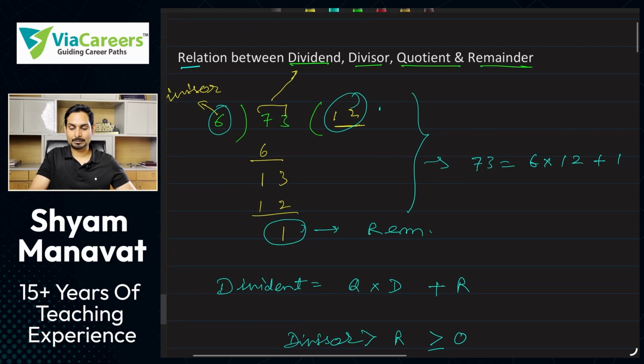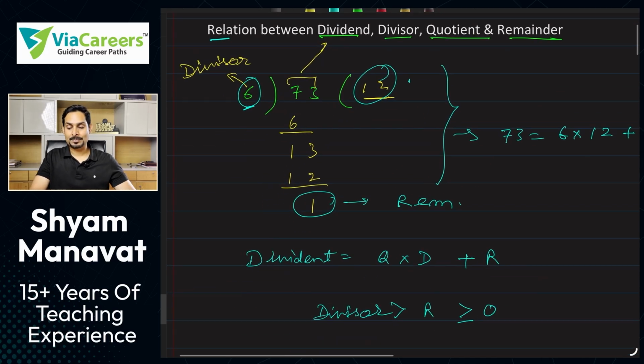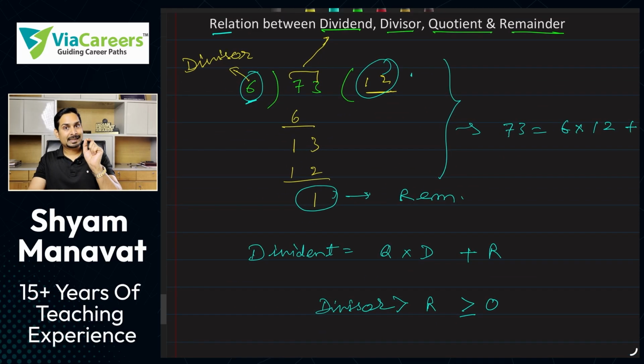That means if any number is divided by 6, the remainder will be less than 6, anything between 5 and 0. The moment it becomes 6 or more than 6, you get the opportunity to divide it further, right?